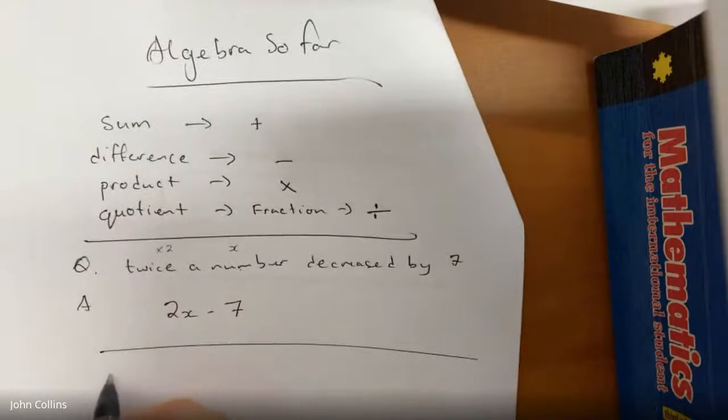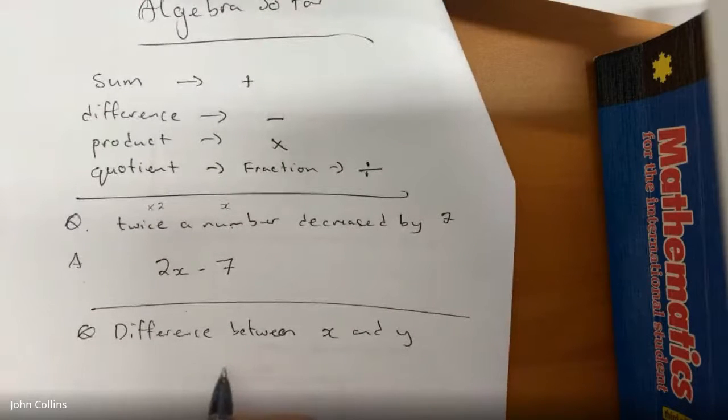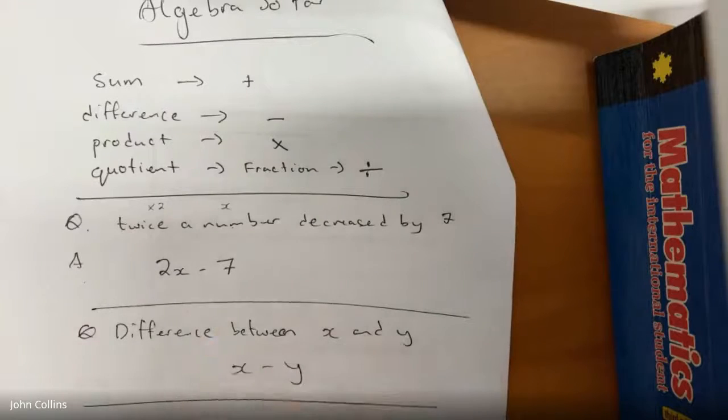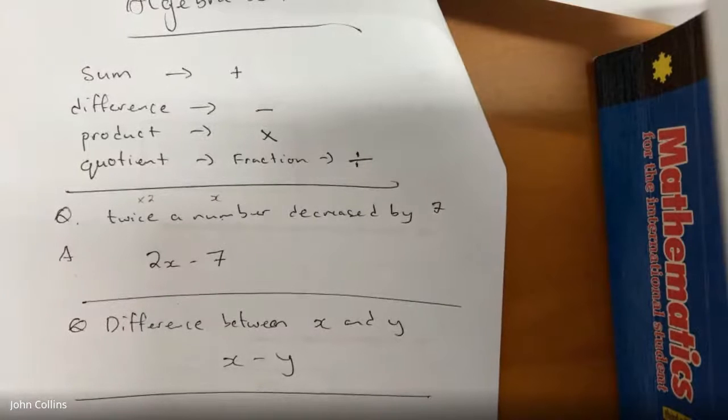If the other question was the difference between just x and y, as I said in the start, the difference between x and y would be x minus y. So that's just some simple conversions from words into algebra. So we don't want any words anymore.